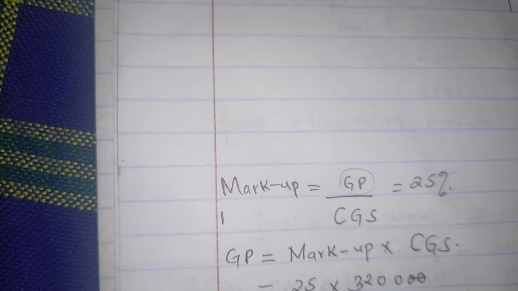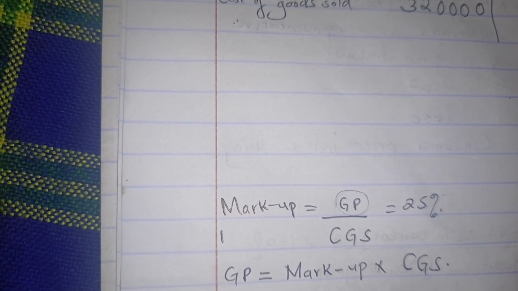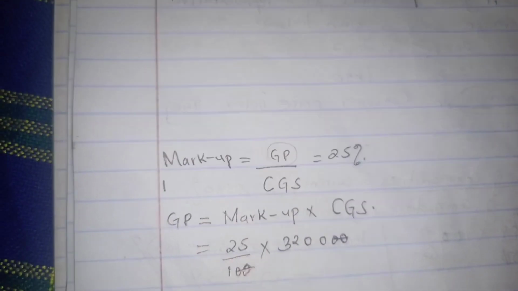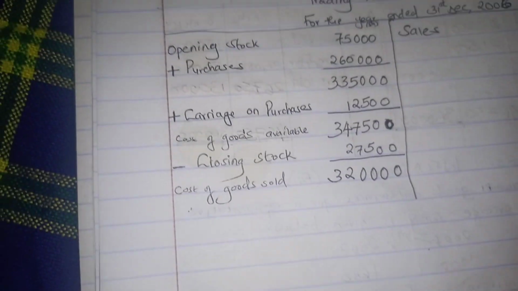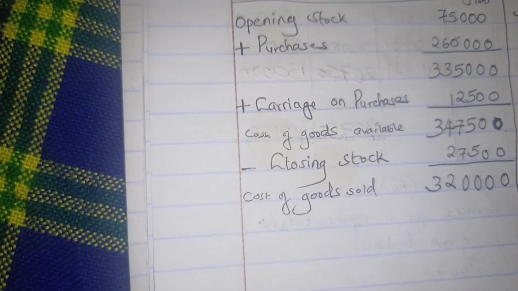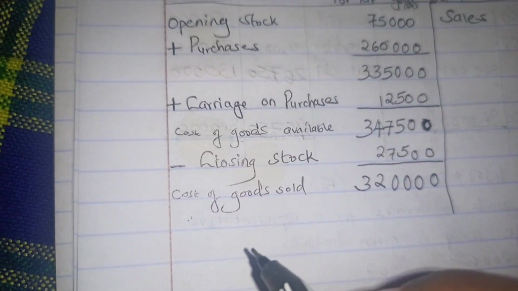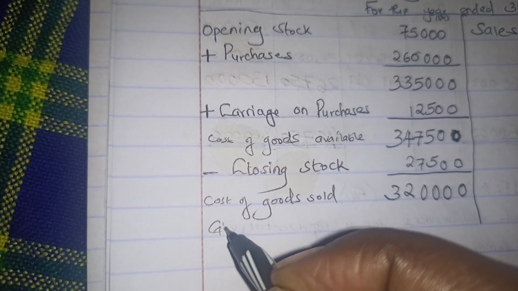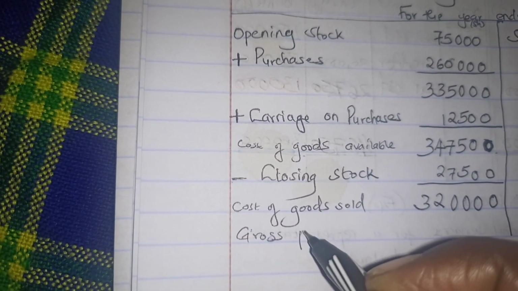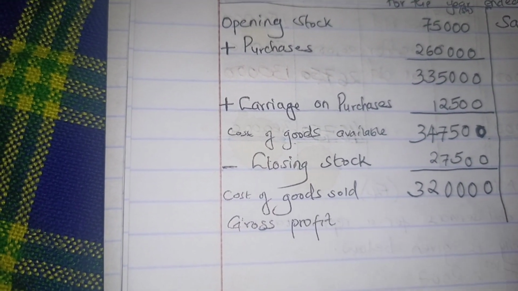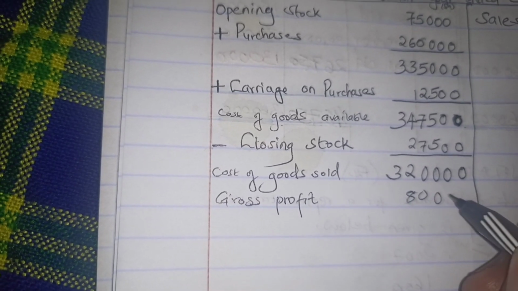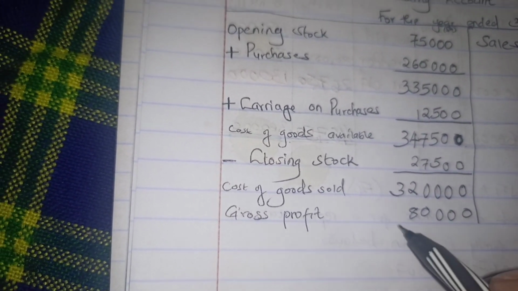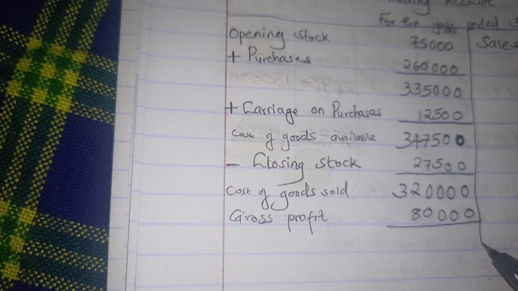This gives us 80,000. Therefore 80,000 is our gross profit.